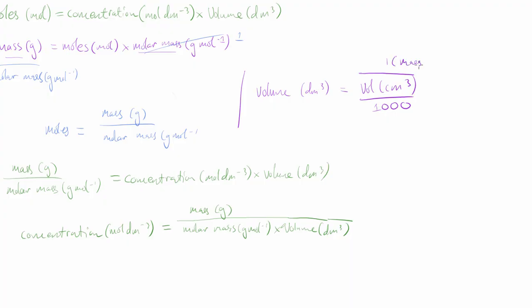So to simplify it, the concentration is equal to the mass in grams multiplied by 1,000, then divided by the molar mass and the volume in cm cubed.